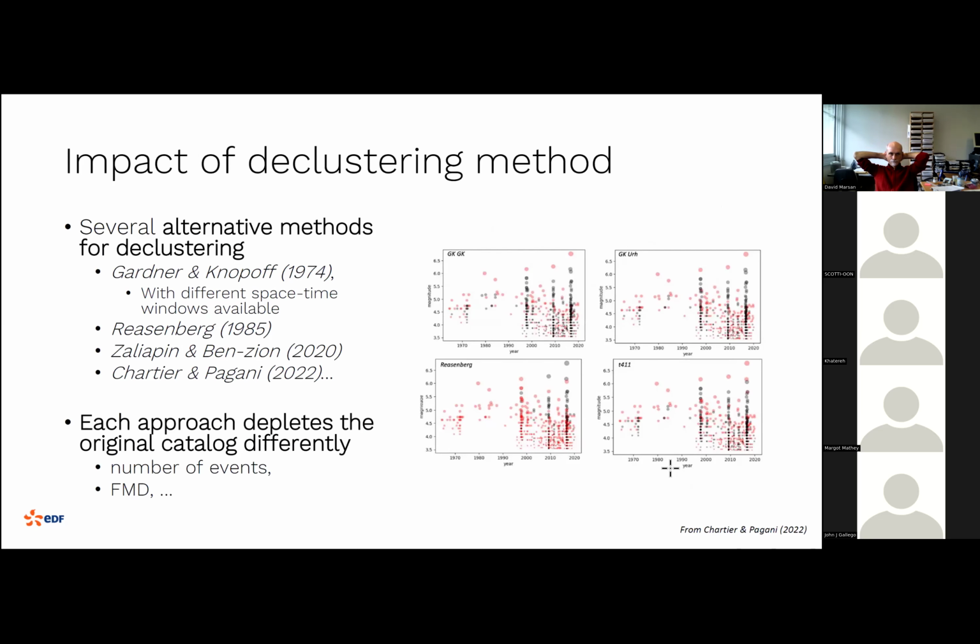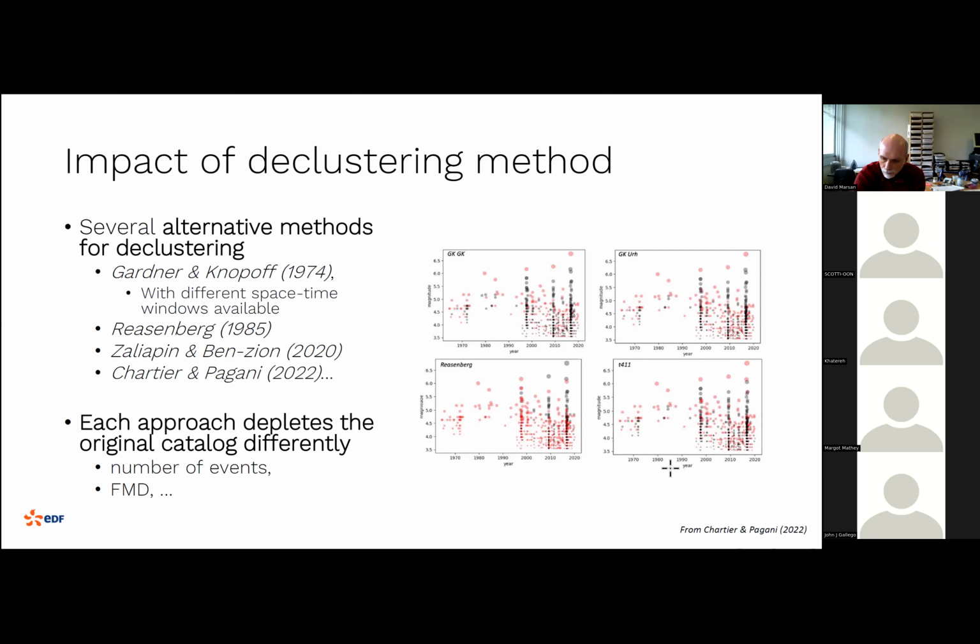Again, as we mentioned before, several methods are available in the literature. There is the Gardner and Knopoff approach with different space-time windows. There is the Reasenberg approach, which has a faster decay of dependent events in time. And there is the Zaliapin approach, and the recent approach by Thomas Chartier as well. So there are several alternatives, and it's good to keep in mind that they are not all equal. There is not a single reply to this problem.